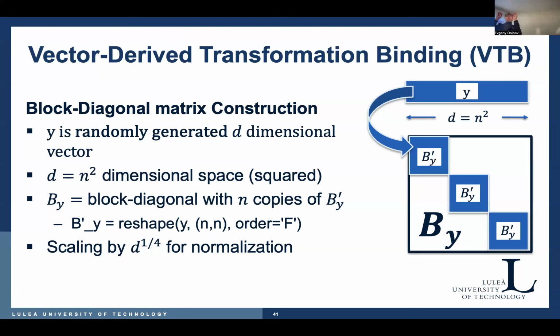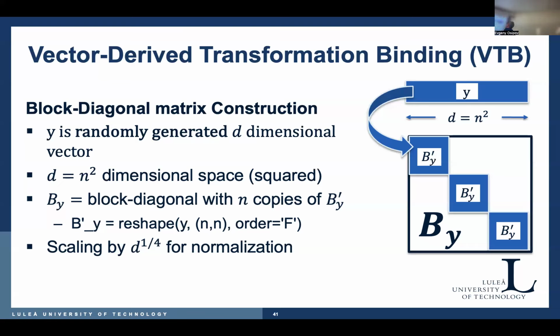That means the size of your vector should be chosen such that you can form a square matrix. For example, if you choose a vector size of 4, you can split it in half, make the first half the first column and the second half the second column. So you get a 2 by 2 matrix. If you have a 9-dimensional vector, you can fold it into a 3 by 3 matrix.